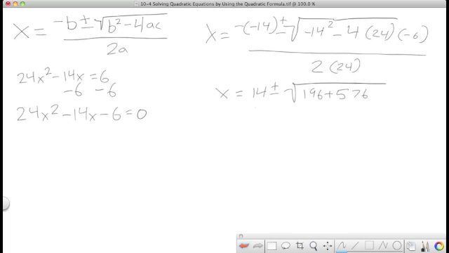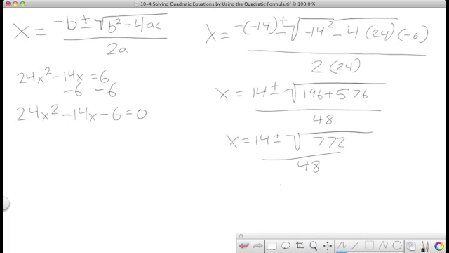So this is a pretty big problem. 2 times 24 is 48. Alright, so let's simplify this a little more. X equals 14 plus or minus the square root of 772, which is 196 plus 576, over 48.